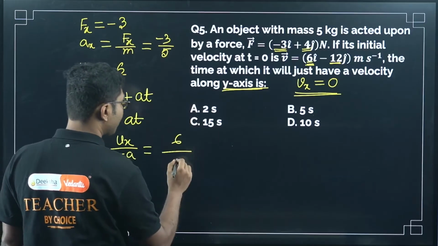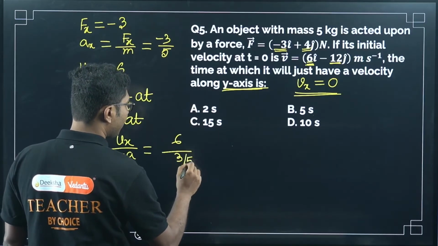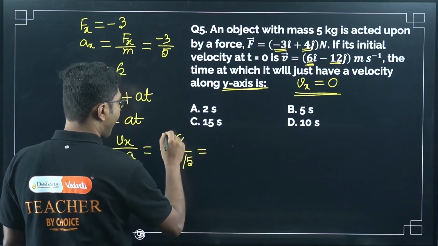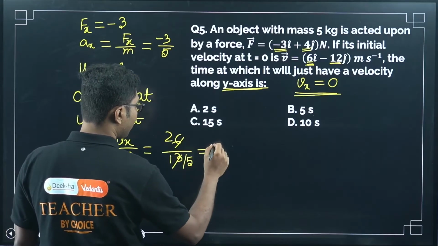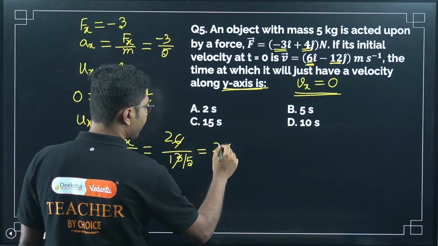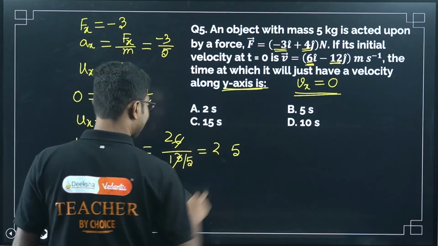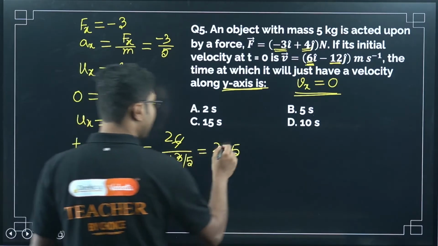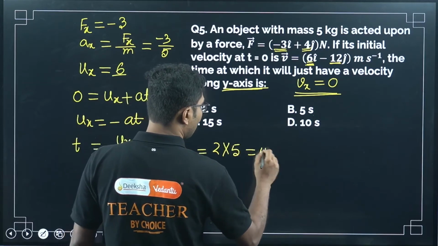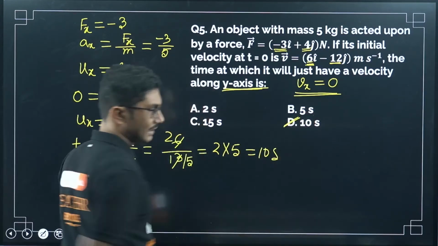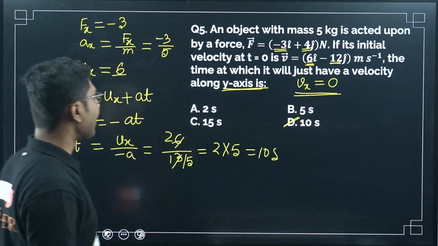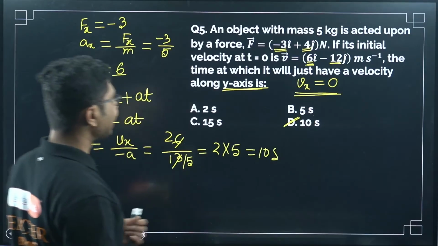Minus of this, so it will become positive 3 by 5. So it will become 2 times 5, which means 10 second. At the 10th second, it will only have a component along y axis only.